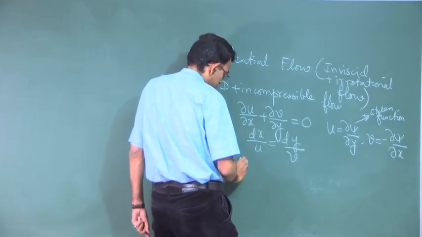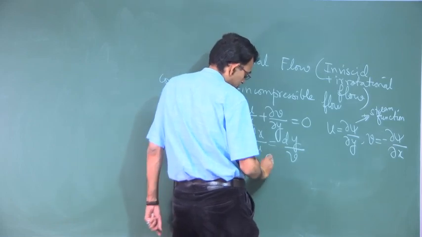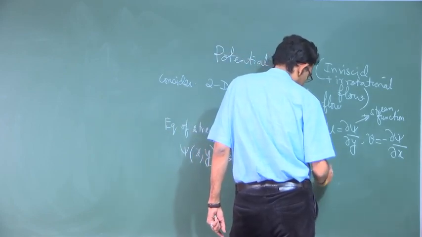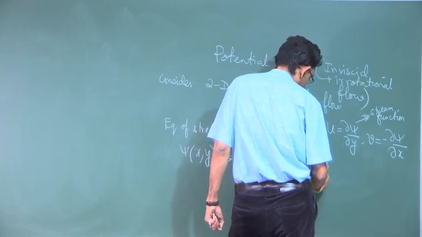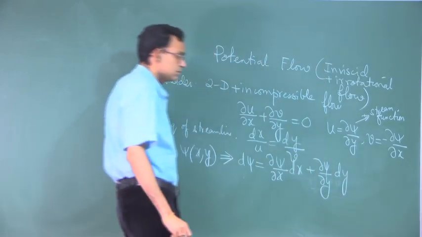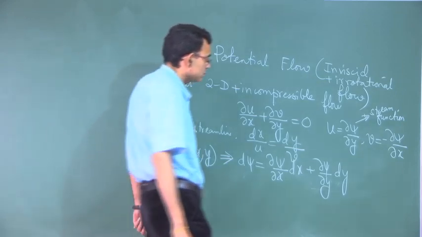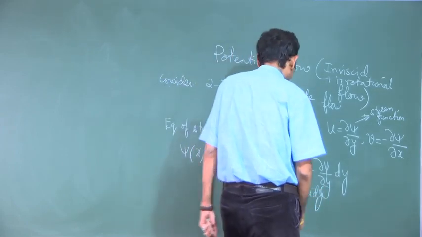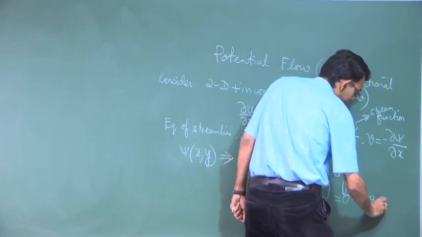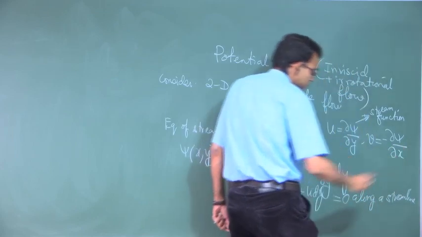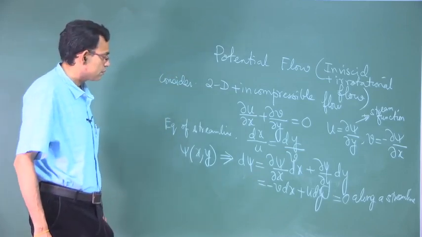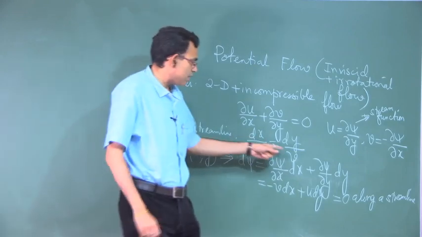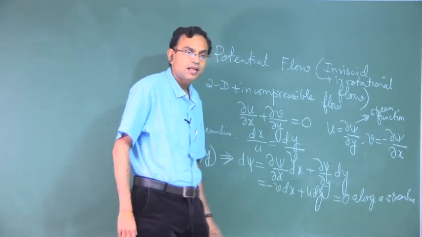So, d psi is 0 along a streamline. That means why it is 0, because v dx is equal to u dy. So, these two terms cancel along a streamline.